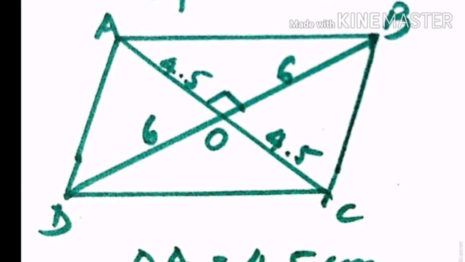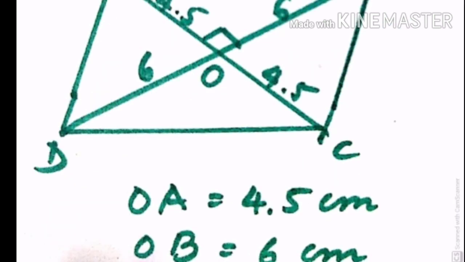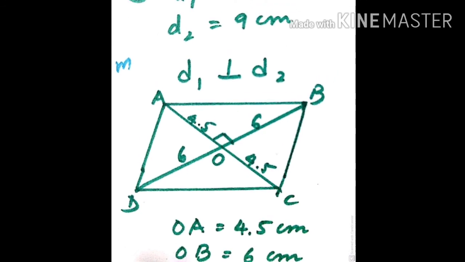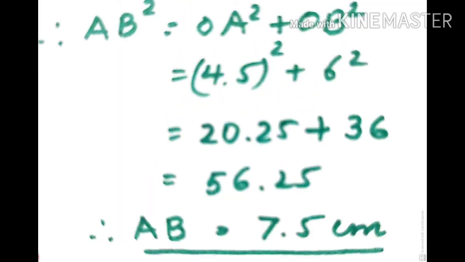So we can find AB value using Pythagoras theorem, as angle AOB is forming 90 degree angle. It is also written here that OA is 4.5 centimeter and OB is 6 centimeter, which are the two sides of right angle triangle AOB. So using Pythagoras theorem we will find our side AB. So let us see, in triangle AOB, AB square is equal to OA square plus OB square using Pythagoras theorem.